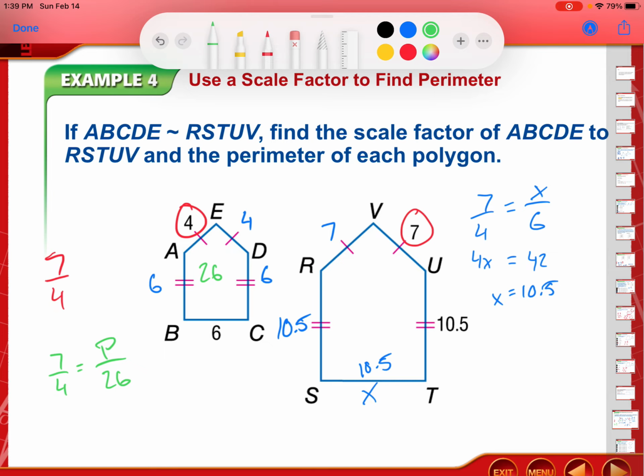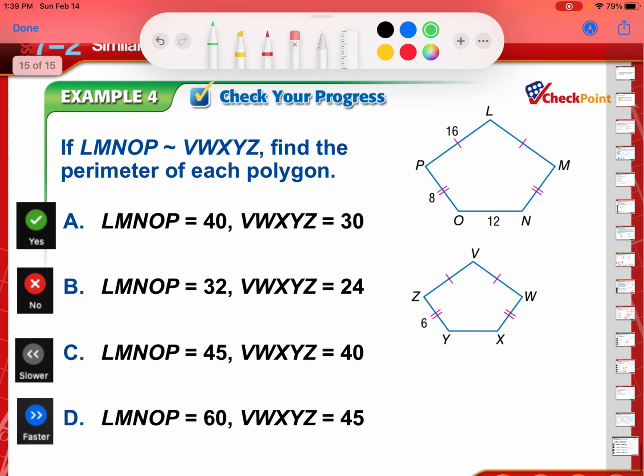We can set it up that way, and we would find out that this perimeter is 45.5. The other thing we could do is add up all the sides on this right one. 10.5 times 3 plus 14, and we would get 45.5. So it works out either way you look at it.